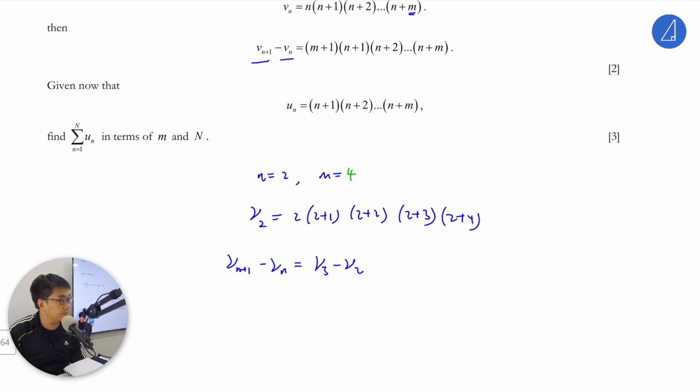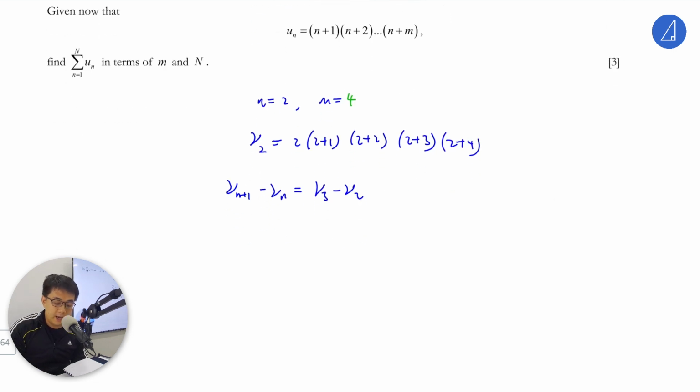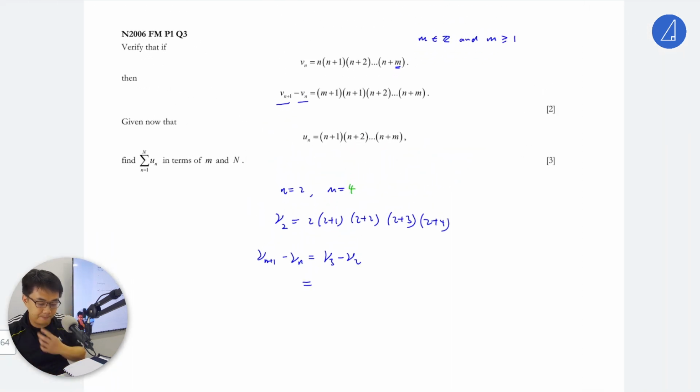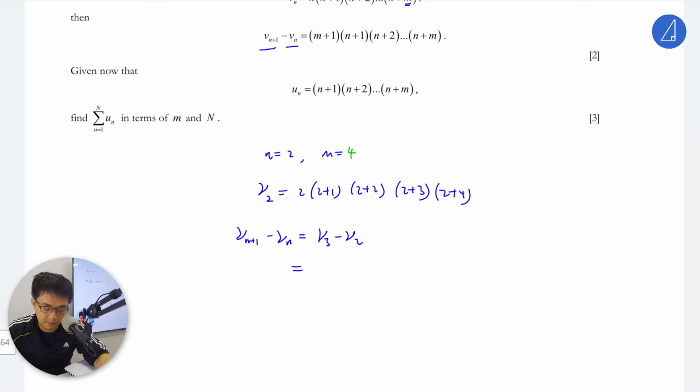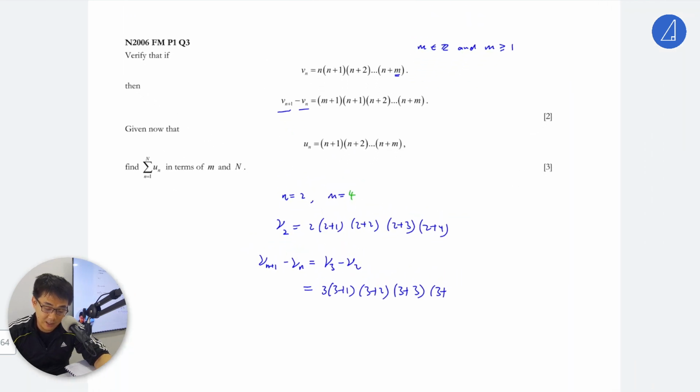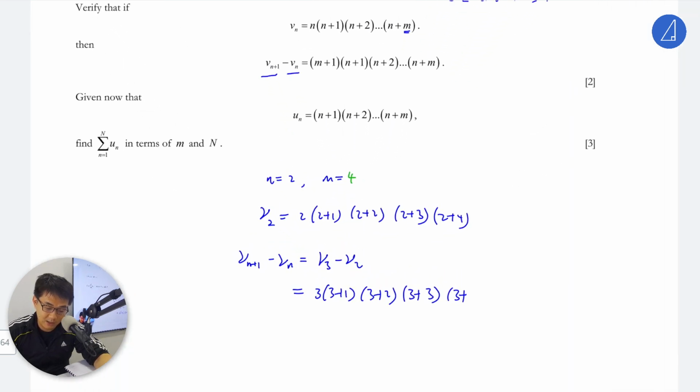Am I right? So V3 means I start with 3 plus 1, 3 plus 2, 3 plus 3, 3 plus 4 here.